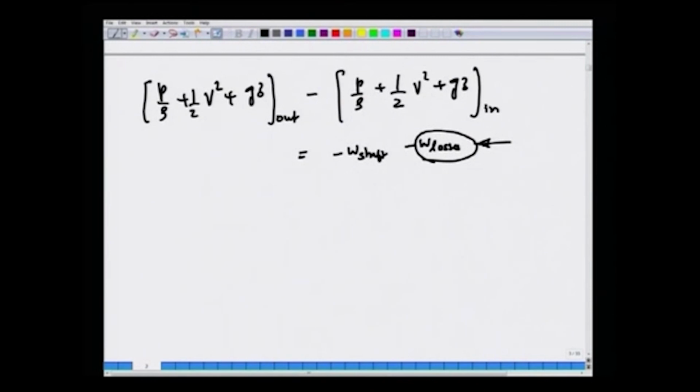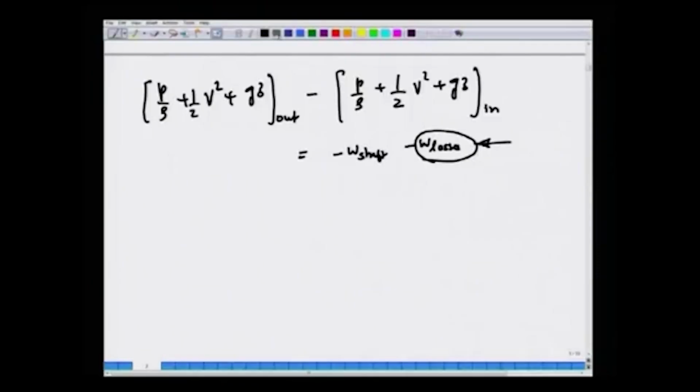Now, after finishing this, we also looked at the application of the integral energy balance to flow measurement, where we tried to understand restriction flow meters, wherein essentially you had a configuration like this.